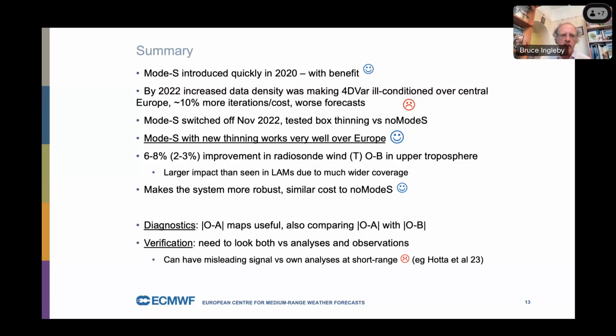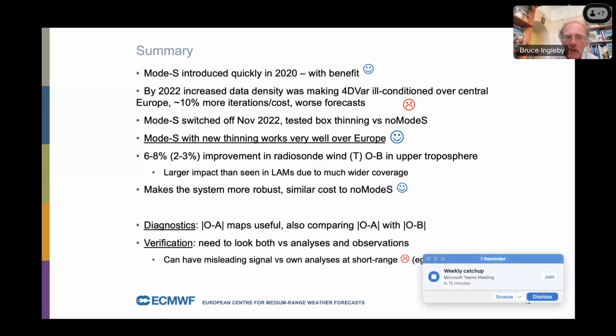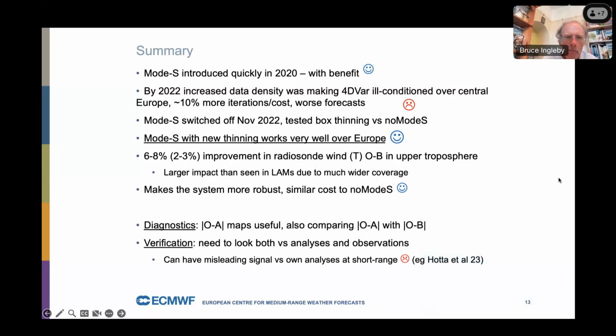On diagnostics, the points I want to make are that O-A maps are useful, and also comparing O-A with O-B is a useful tool. Verification: you need to look at both against analyses and observations.